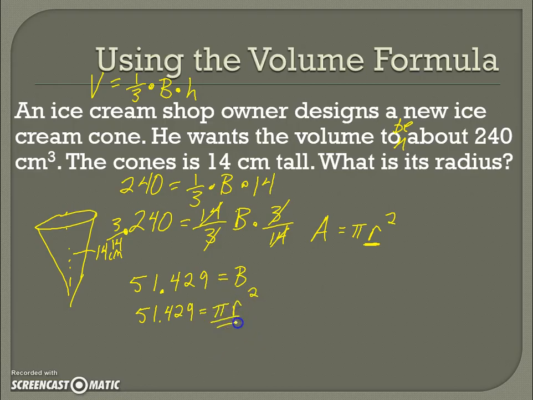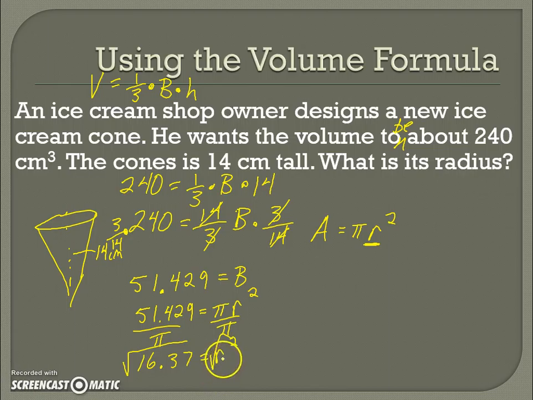So the first thing I need to do is divide by pi. And I get 16.37 equals r squared, and then I need to find the square root of both of these.